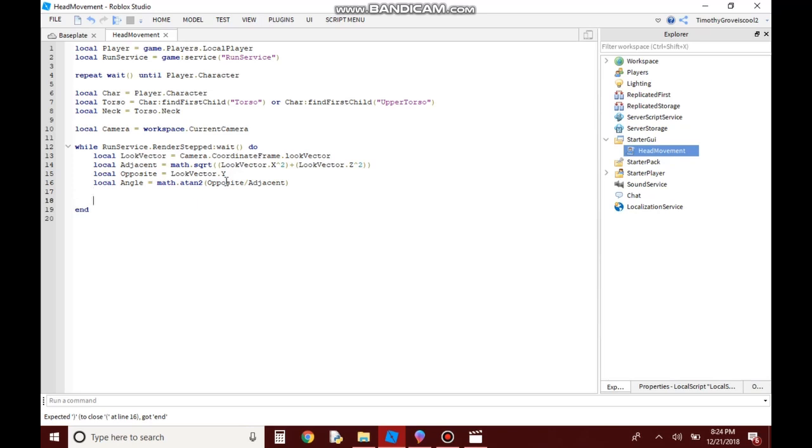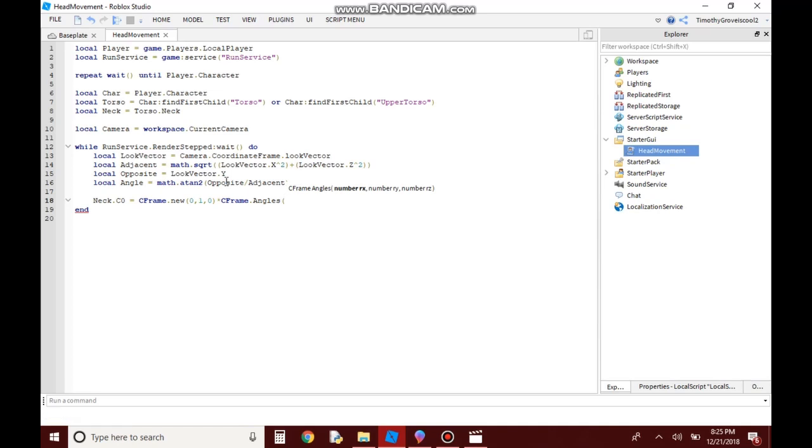So what we want to do now is actually script it into the neck. So we have neck.C0, which is the C0 component of the CFrame on the neck joint, is equal to CFrame.new(0, 1, 0), because that's where the neck is usually at. It's one stud up from the torso, times CFrame.Angles, and since we just got the angle right now, we're looking for the pitch component.